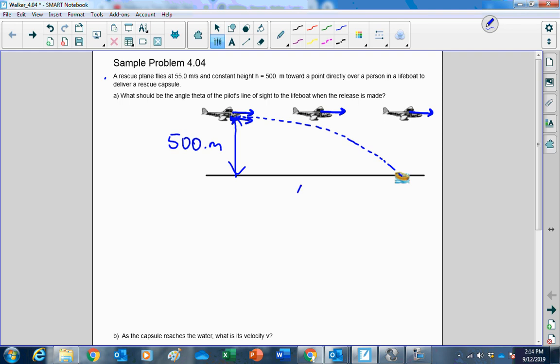That would be delta x basically, because once we know that, we will know this angle that they're asking for. We already know delta y because we know how high the plane is above the water. And the other piece of information that we know is the speed in the x direction. So it's helpful to just split the information into x and y. Let's do that.